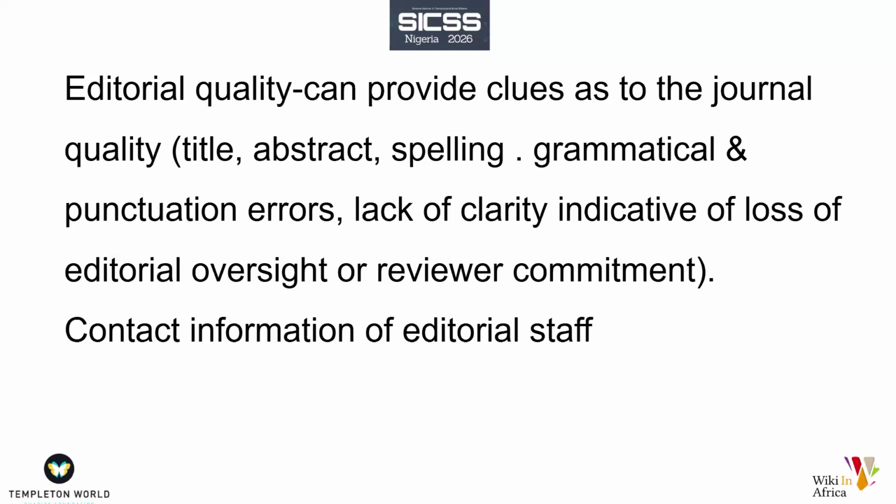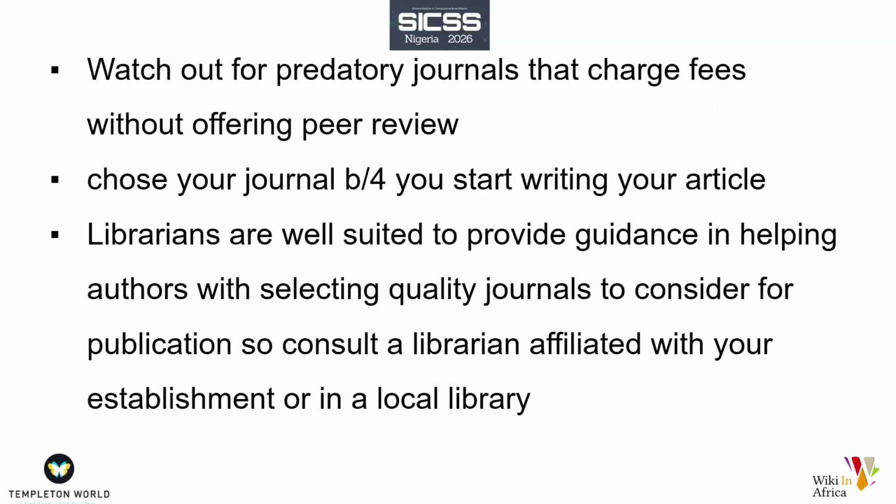Very terrible grammatical errors, numerous typographical errors, even poor choice of words, poor language. Definitely, you will know that this is probably a predatory journal, because those are the things that peer reviewers will have identified and requested to be corrected. And of course, contact information of the editorial staff, very important. And lastly, you must always watch out for predatory journals that charge fees without offering peer review.